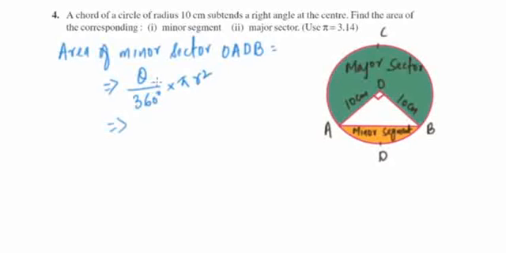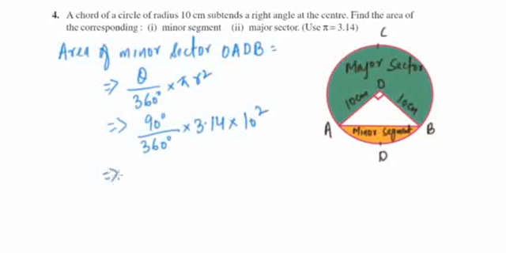We know the formula to find the area of a sector, that is theta divided by 360 multiplied by pi r square. And we know that the minor sector subtends 90 degrees. So it will be 90 degrees divided by 360 degrees multiplied by the value of pi, which is 3.14, and radius 10 square.